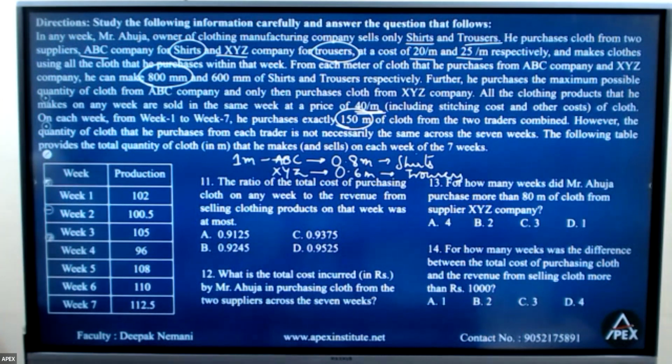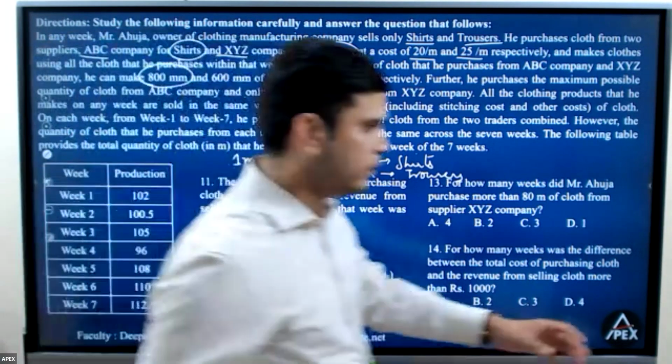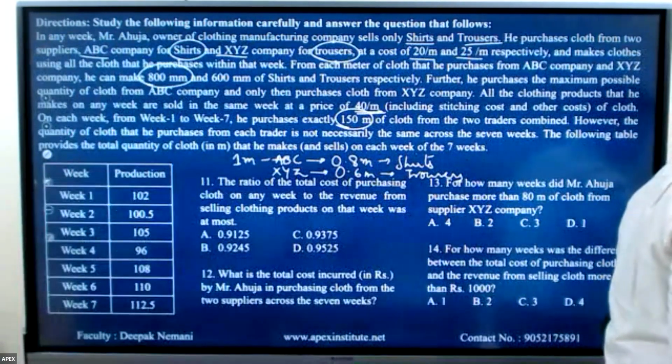However, the quantity of cloth that he purchases from each trader is not necessarily the same across the 7 weeks. The following table provides the total quantity of cloth that he sells in each of the 7 weeks. Okay, this question, did you understand or not? How many of you did not understand? Students online.